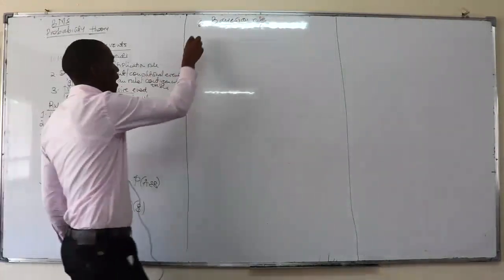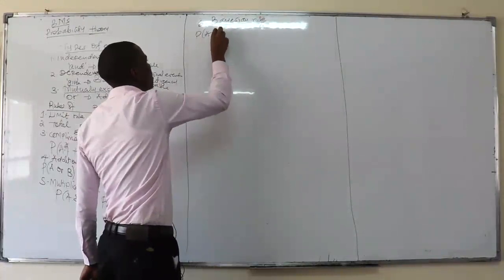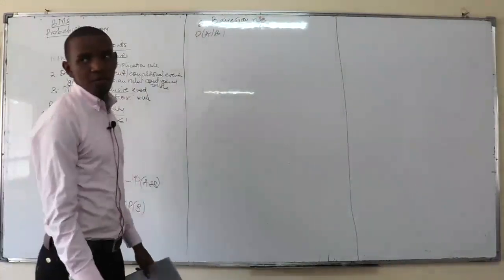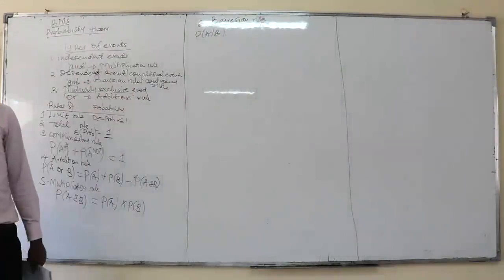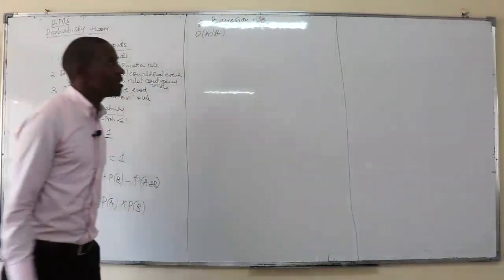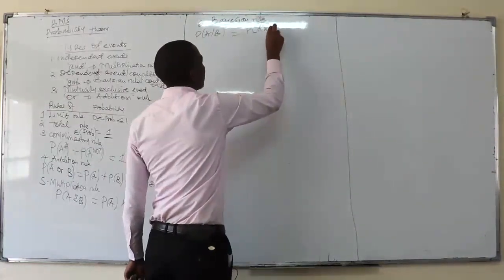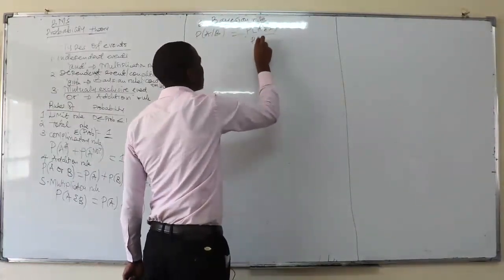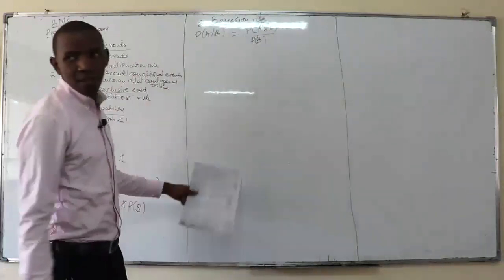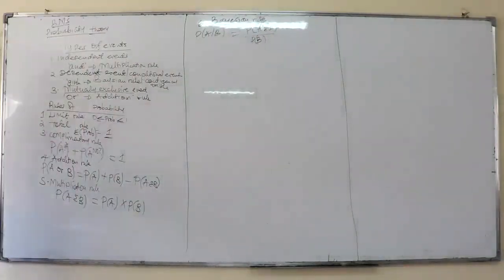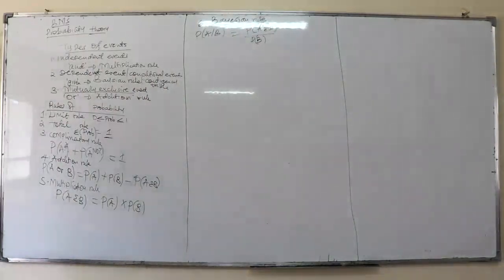Therefore, if you are asked about the probability of A given B, for you to get that, you just take the probability of A and B, then you divide by the probability of B. That is how you get the Bayesian rule. Those are the rules in probability.